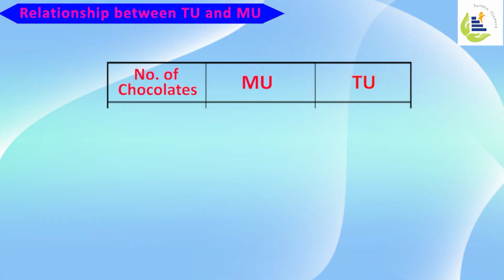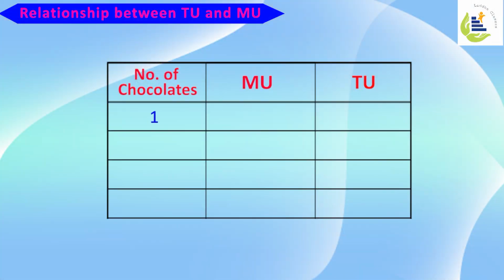He got 80 units of satisfaction. So what do I understand? After the first chocolate, he had 100 units of satisfaction. After the second chocolate consumption, he had 80 units of satisfaction. So can I simply add and say how much is the total satisfaction? The total satisfaction is 100 plus 80, 180 units. And what will be the marginal satisfaction?